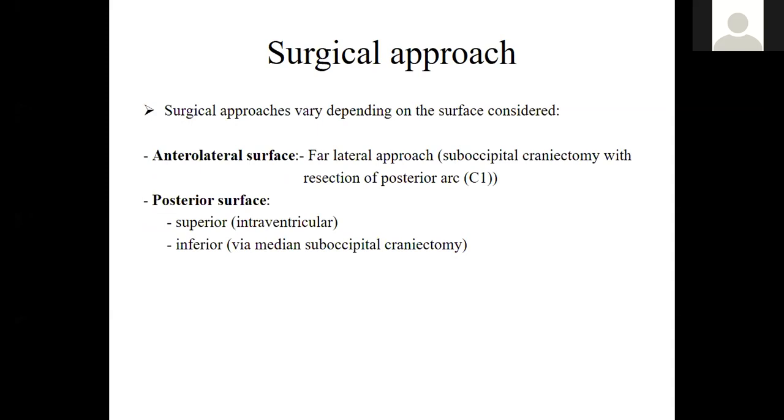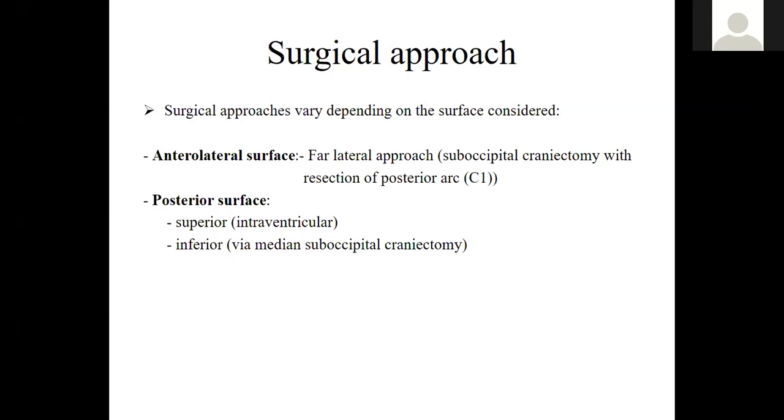So during surgical approaches to the anterolateral surface of the medulla oblongata, the surgical procedure most used is the far lateral approach associated with occipital craniectomy with resection of the posterior arc of the atlas, the C1 vertebra.